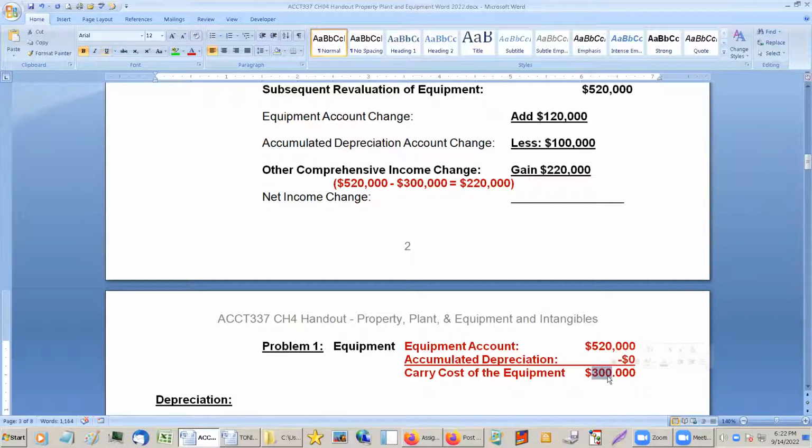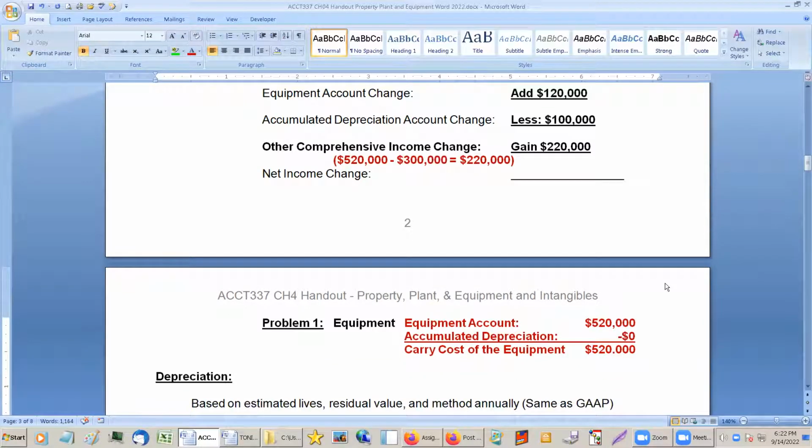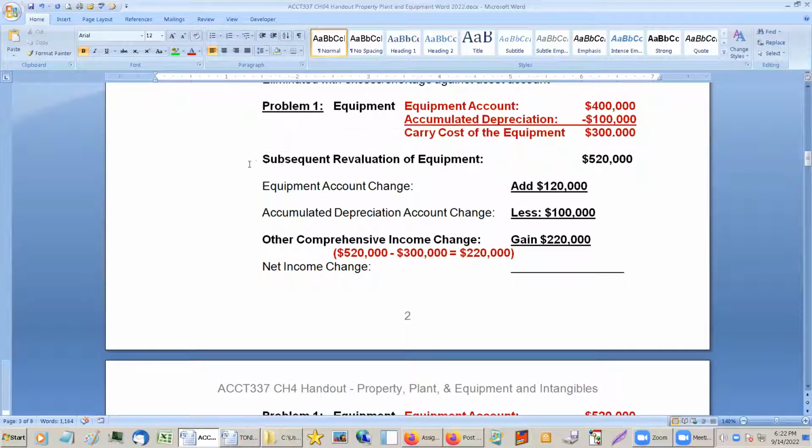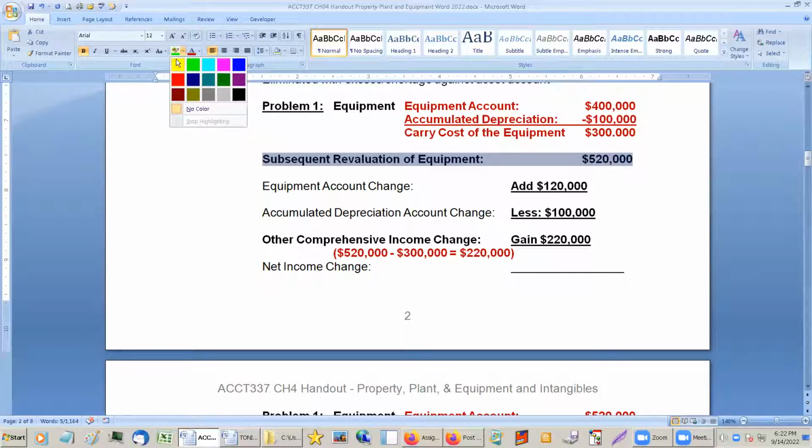This will be 520,000. So that's what a revaluation will look like.